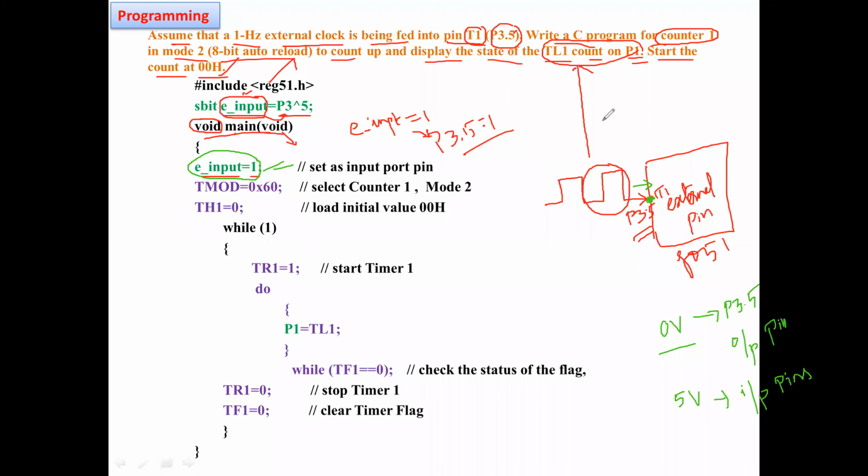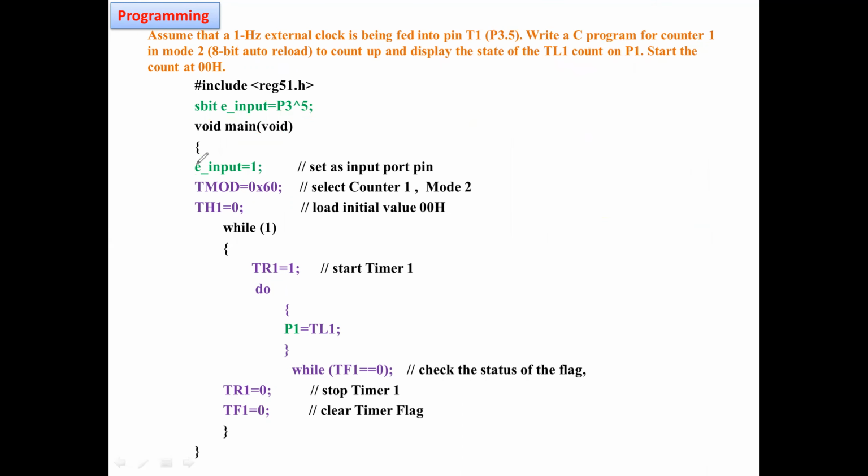So always, if you are getting some input from external, you have to set that particular pin as an input pin. If you want to send some data to the output, you have to set that pin to 0, that is 0 volts. This is how embedded coding is developed. This is just setting the particular pin as an input pin.